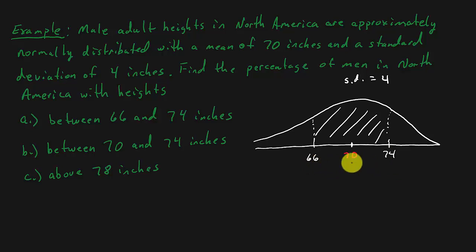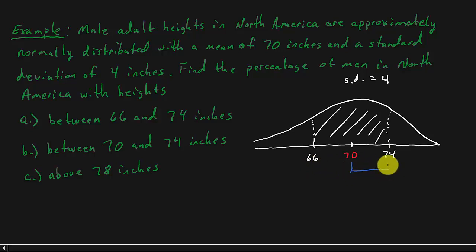Well, do you see how this is 4 units and this is 4 units? Okay, so this is one standard deviation and this is one standard deviation, right? So you can see that 66 and 74 is one standard deviation about the mean.